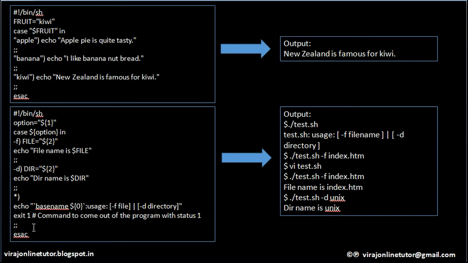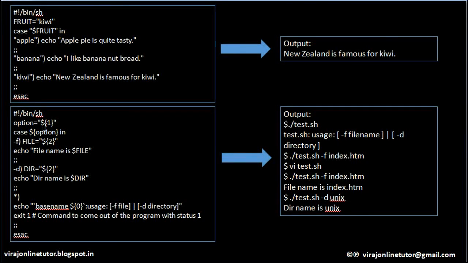That is, I check whether the first command line parameter that the user had typed in is -f. If the user had typed in -f as the first parameter, whatever is the second parameter that the user had typed, I am saving it into a variable called file. And I am printing on the screen file name is whatever the user had typed as second parameter. And I am breaking out of the case block.